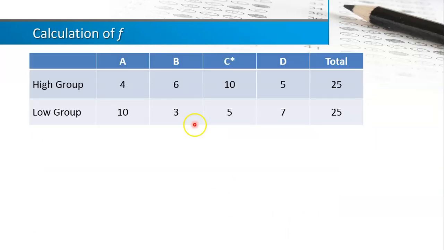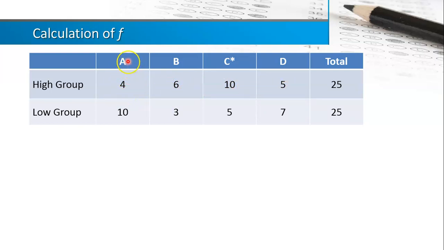Okay, so this is an example of calculation of F. Once you have divided the students into 3 groups, 30% of the students will be the high group, and another 30% will be the low group. You look at the responses there. You have recorded the responses and calculated how many.